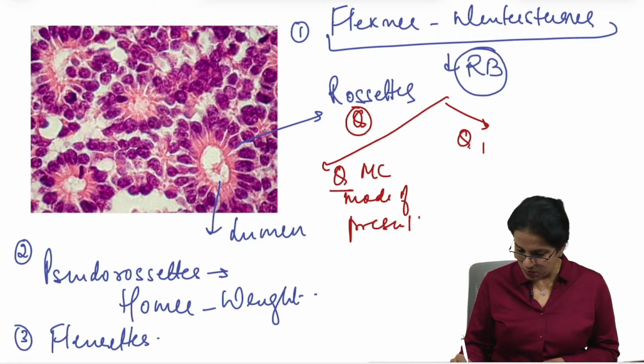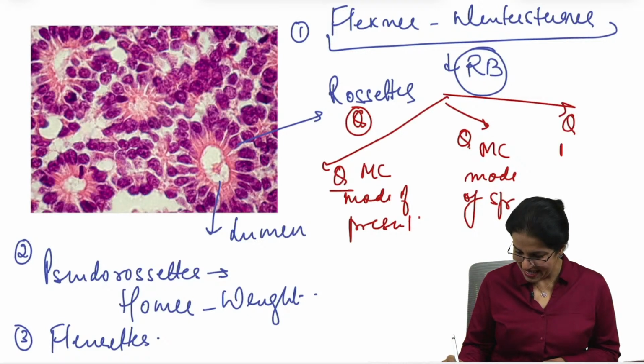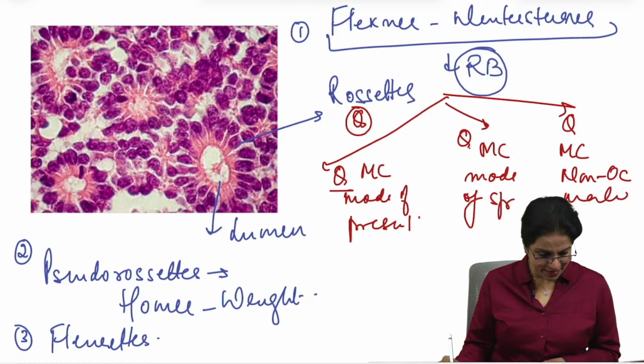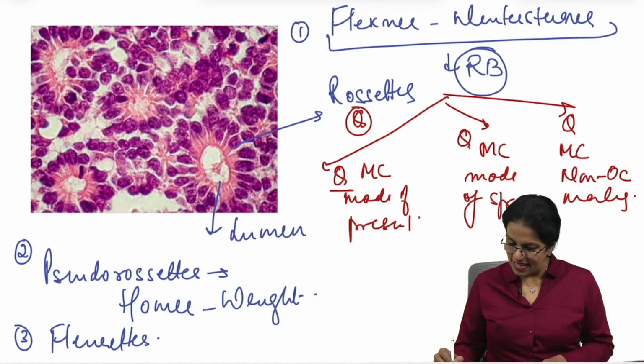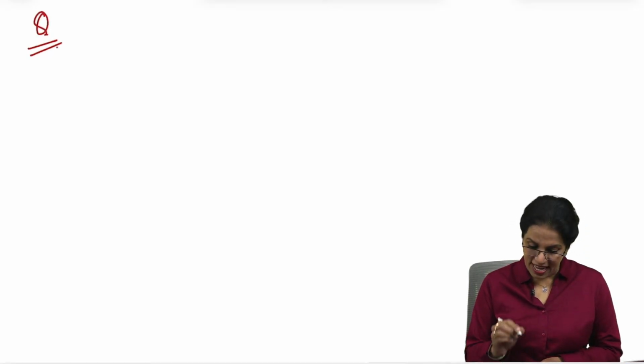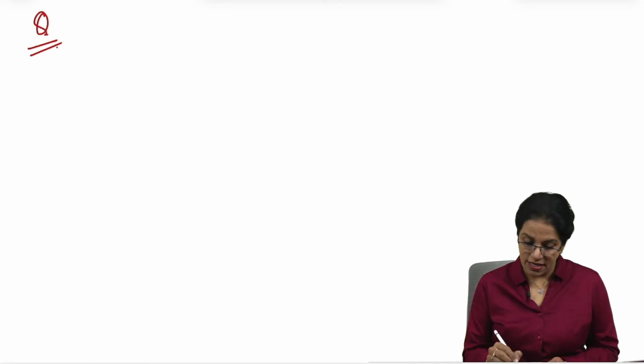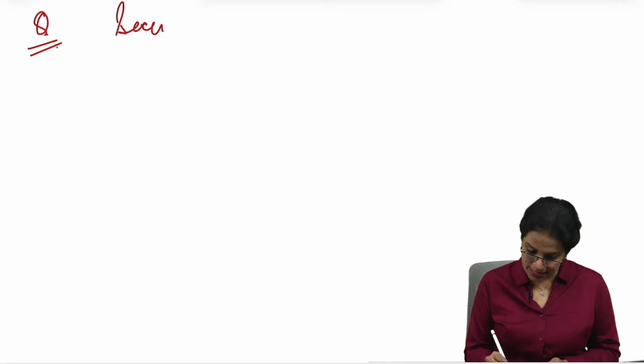Second, my question is the most common mode of spread. My third question is the most common non-ocular malignancy. I'm just putting the questions, I'll answer afterwards because I'm waiting for your answers. And the next question is about the second most common mode of presentation.